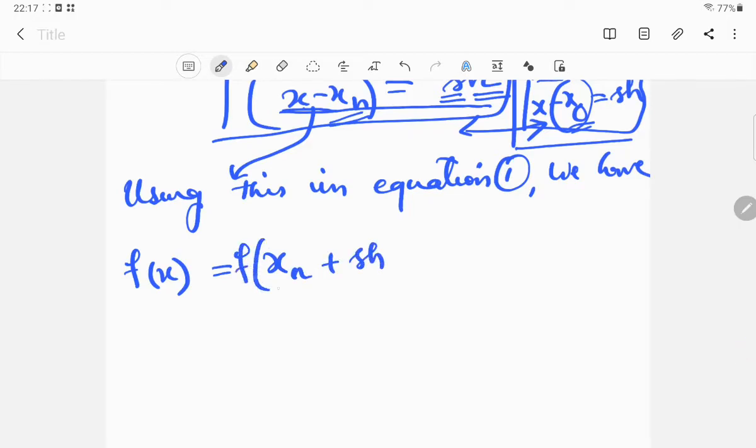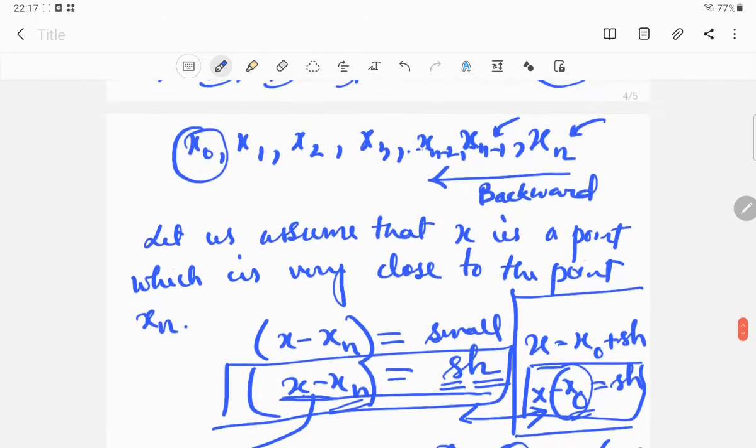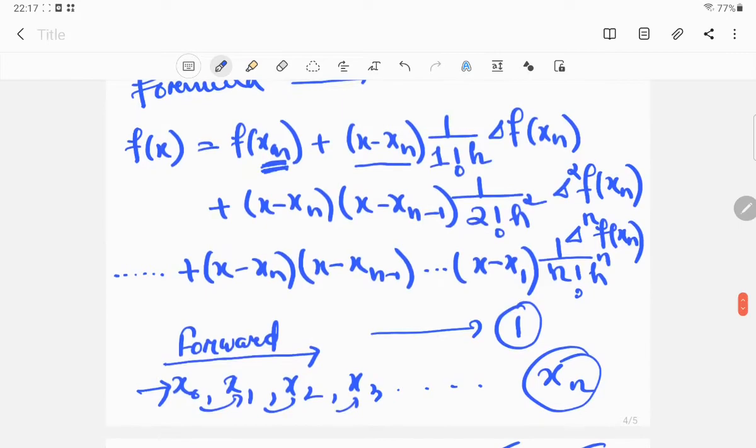So f(x) will become equal to, we had f(xn). If you look at equation number 1, let us go back to this. So f(xn), then we have x minus xn. x minus xn is nothing but sh, isn't it?